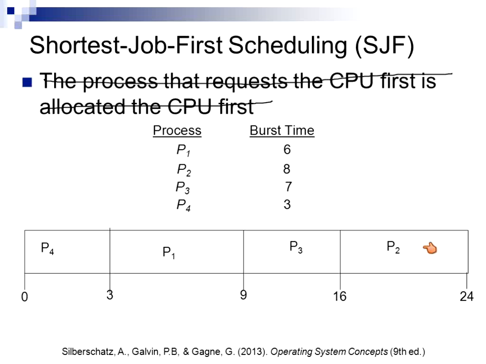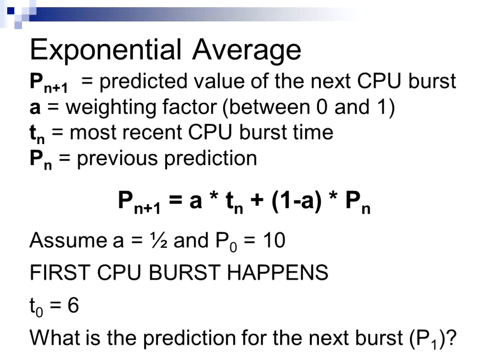But usually what's done is the next burst is predicted using the exponential average of the measured lengths of the previous bursts for the process. And your book goes into all the detail for how the exponential average is calculated. And I'm going to kind of walk through that with you because I'd like to make sure that you understand.